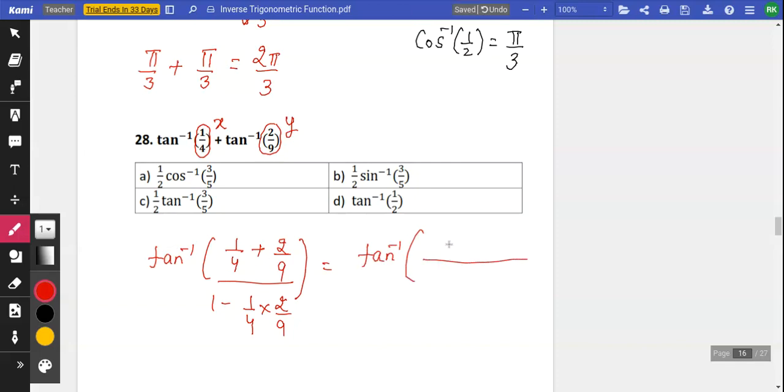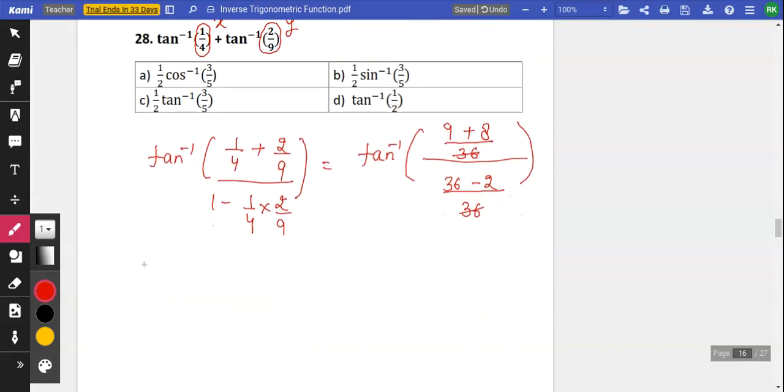Now take LCM. LCM of 4 and 9 is 36. Now 9 plus 8. Here the LCM is also 36. 36 minus 2. 36 are cancelled out. And 9 plus 8 is 17.